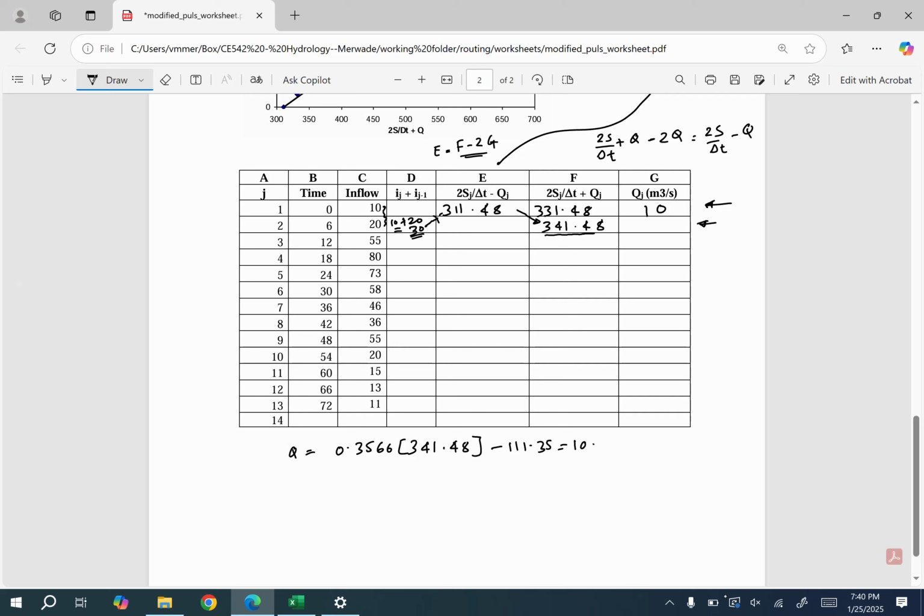So this will be 10.42 meter cube per second. So this value will go here, 10.42.